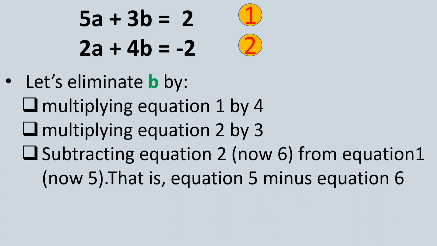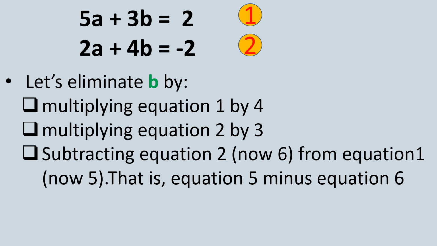How can we come about a term that has the same look in equation 1 and in equation 2 in terms of b? Looking at equation 1, we have 3b, and in equation 2, we have 4b.